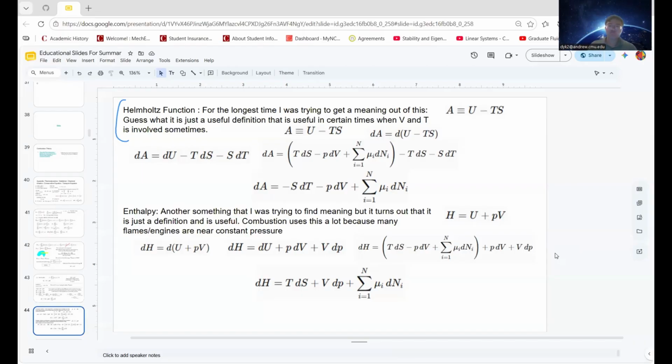But he said basically there's no meaning. It's just something that's useful when certain things are happening. And actually, this should not be here. I put that there because that's the only time I found use in it, but there are probably 100 different uses for it. The book doesn't say this, so I should probably delete that term over there.